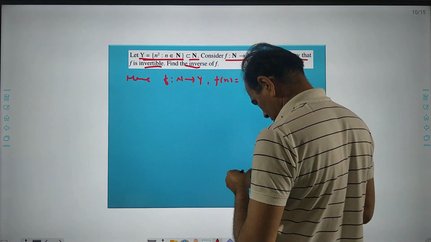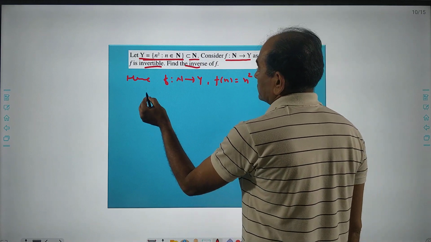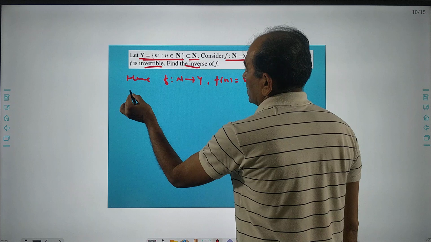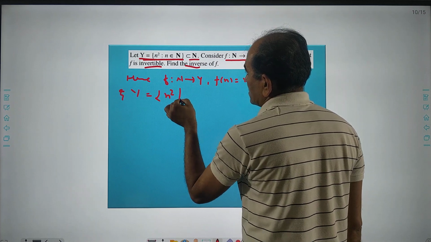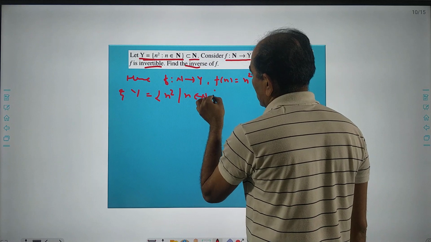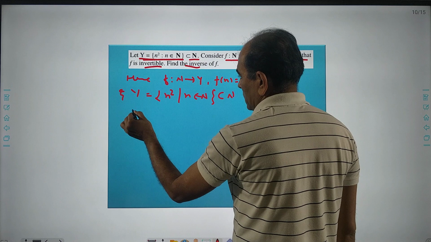See here, y is equal to n square, n belongs to N. It is a subset of N given to us.